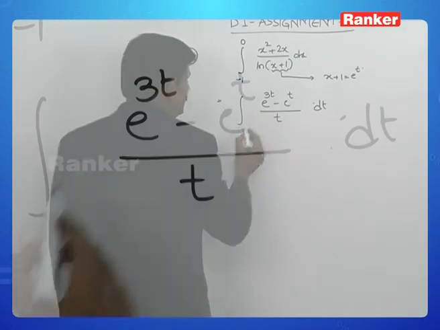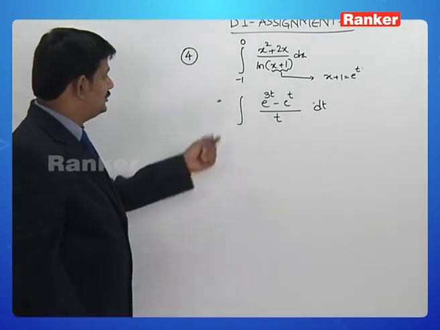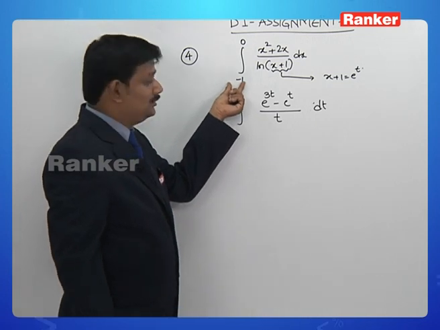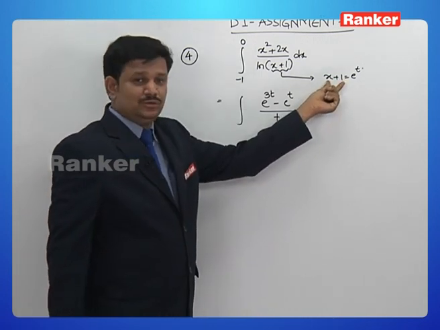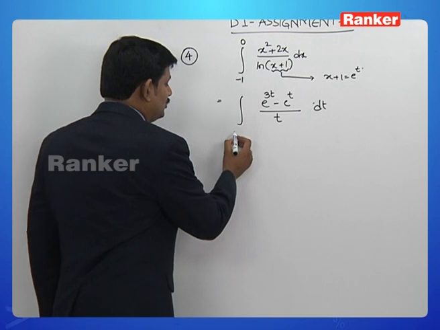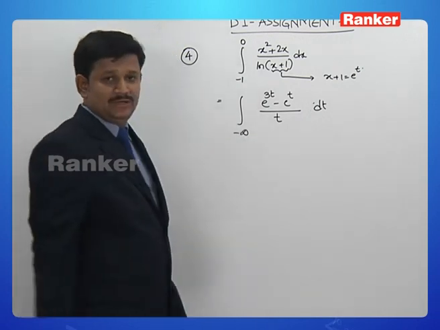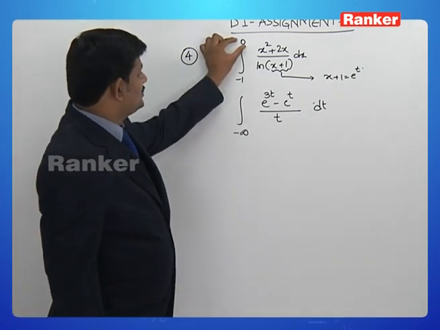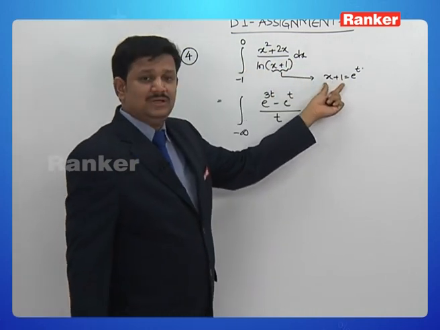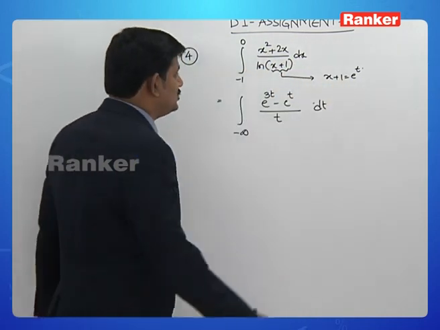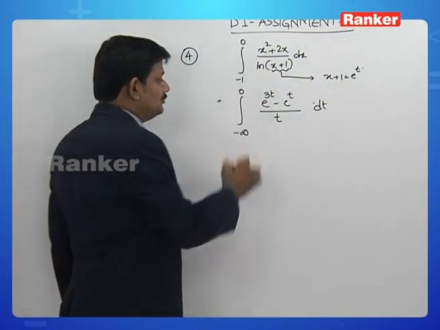From the limits: when x is minus 1, x plus 1 is 0, so e power t becomes 0 when t tends to minus infinity, and when x is 0, x plus 1 is 1, and e power t is 1 when t is 0.